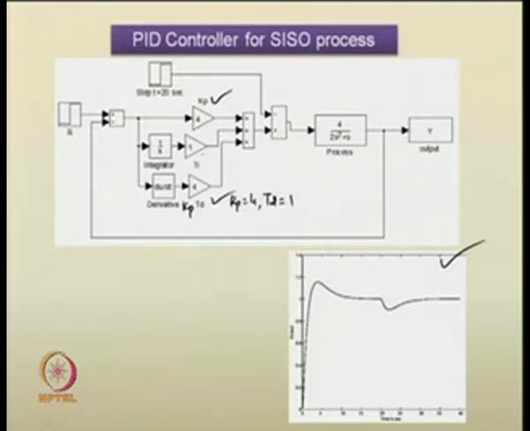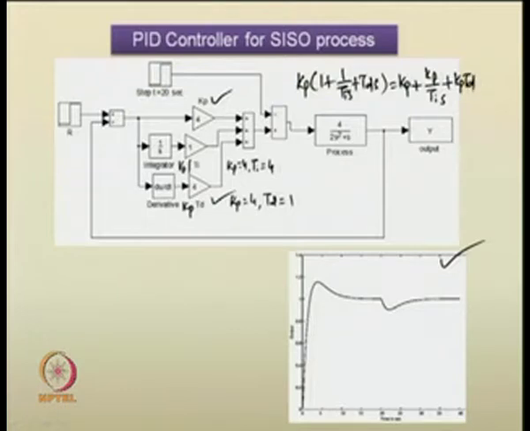In this case, it is actually Kp by Ti equal to 1, since Kp equal to 4 and Ti equal to 4. Thus, we are getting Kp upon Ti as 1, because the form of the controller is Kp times 1 plus 1 upon Ti s plus Td s, which gives us upon multiplication Kp plus Kp by Ti s plus Kp Td s.